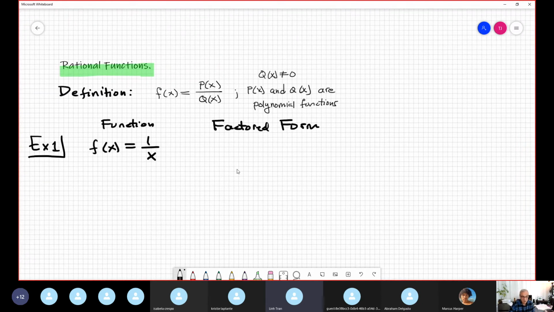Well, in this case, it's impossible to do anything because this is an elementary kindergarten example. 1 over x. So 1 is 1. x is x. But the domain is all real numbers except 0 because we cannot divide by 0.